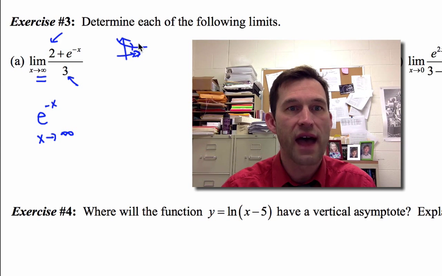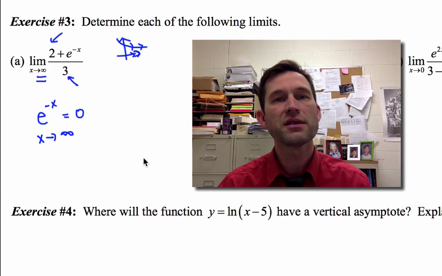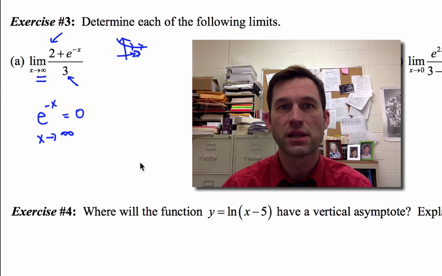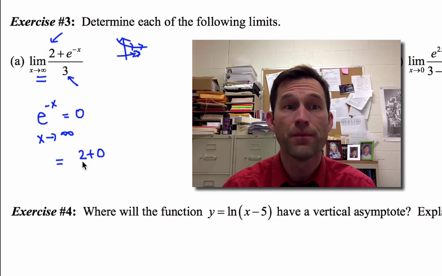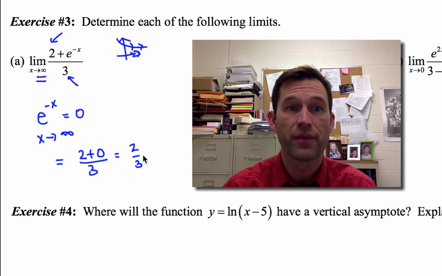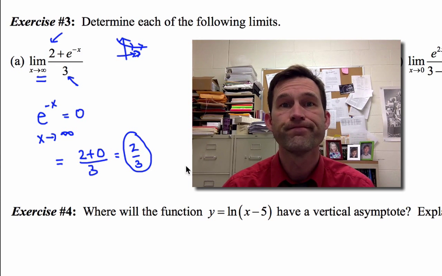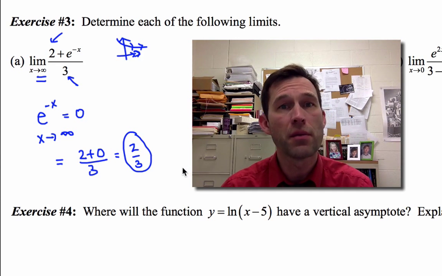What's happening is, as x goes to infinity, e to the negative x goes to 0. Now, a lot of students actually want to say, well, then this limit is equal to 0. But it's not, right? The numerator gets closer and closer to 2 plus 0. The denominator stays at 3, and so the overall limit is 2/3. Got it? Remember, keep in mind what's changing and what's staying the same.